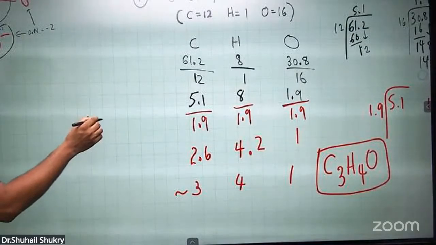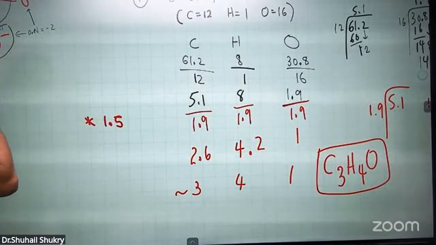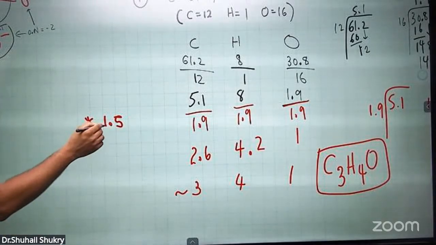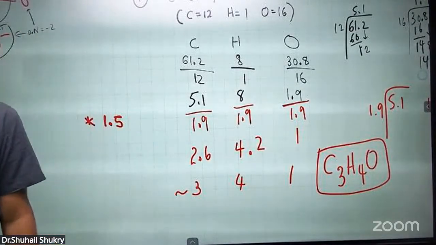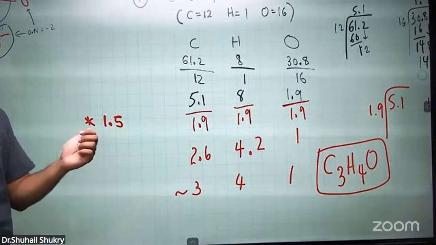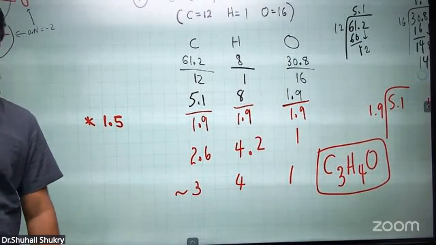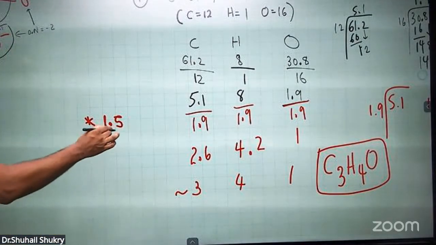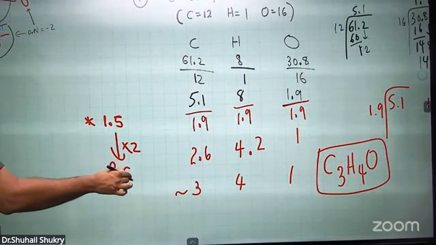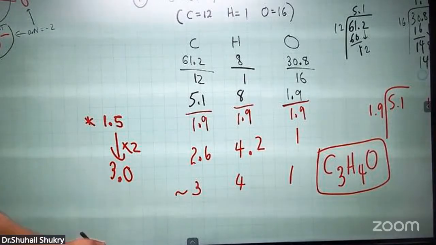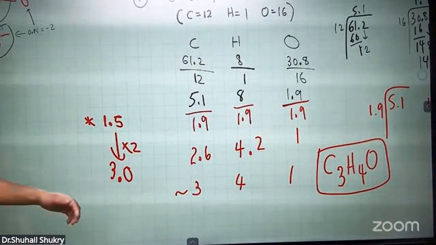If anything comes as 0.5, for example, you got 1.5 or something, if you get 1.5, we don't take the closest number as 2. Here we don't do that. If you get exactly 0.5, what we do, guys, we have to multiply it by 2. If we multiply this by 2, how much do we get? 3.0. We have to get whole numbers by multiplying.